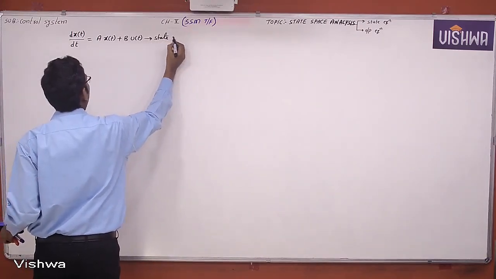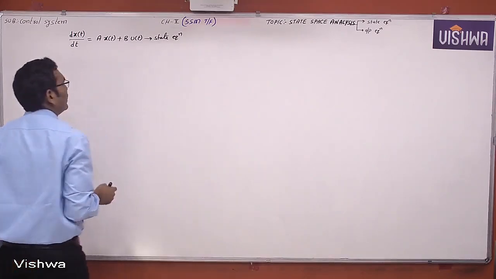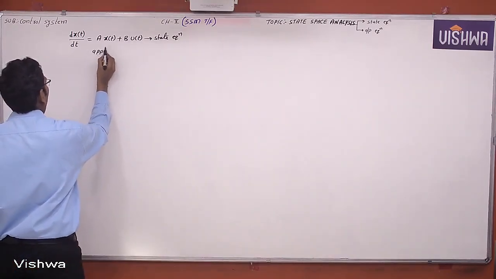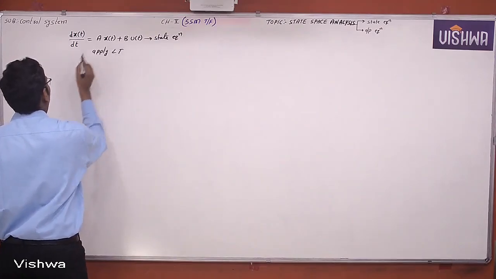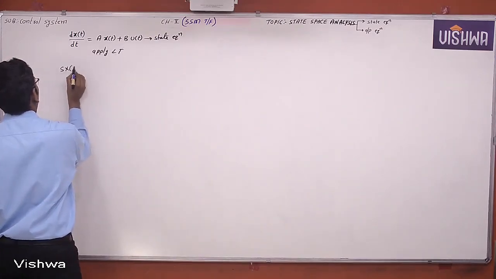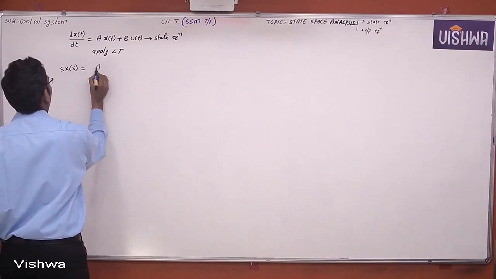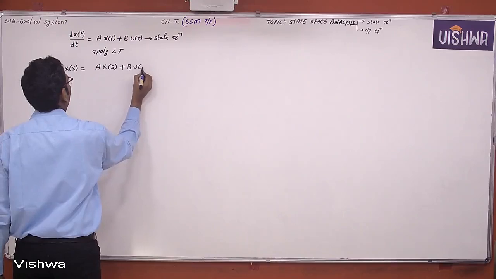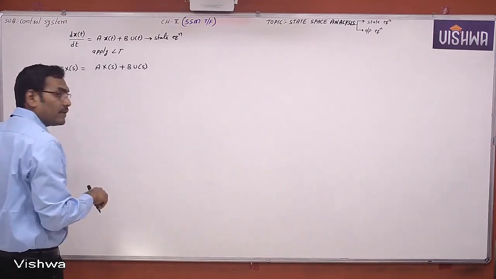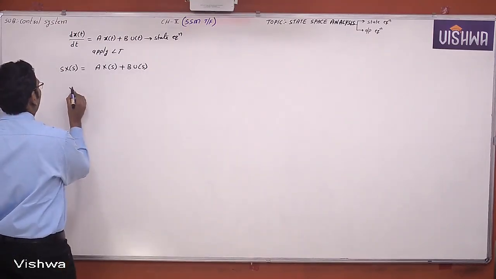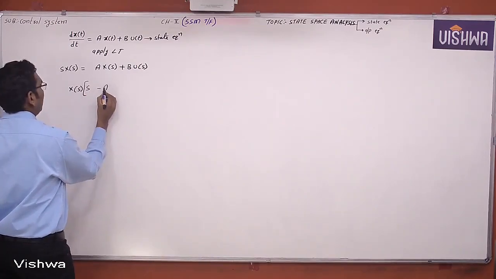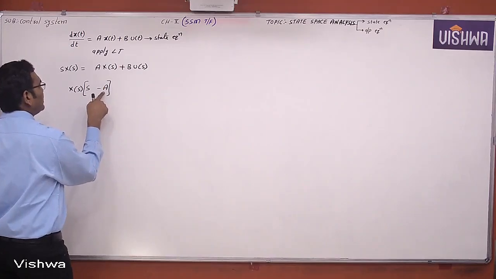Now first you find the transfer function, so first I want to apply the Laplace transformation. Laplace transformation gives s into X of s equals A into X of s plus B into U of s. Then you take X of s as common. So, s minus A, but A is not a constant, A is a matrix.